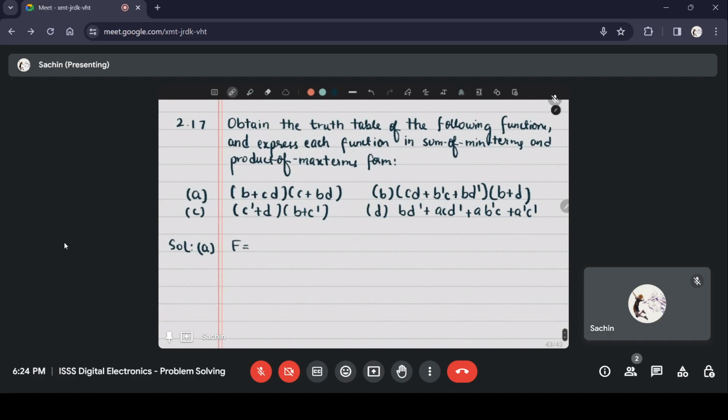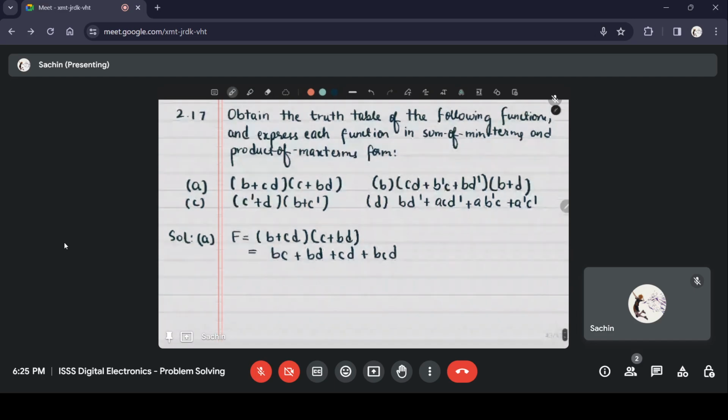The function is b plus cd into c plus bd. There are 3 variables b, c and d. So I can write this as, by using distributive law, bc plus bd plus cd plus bcd.